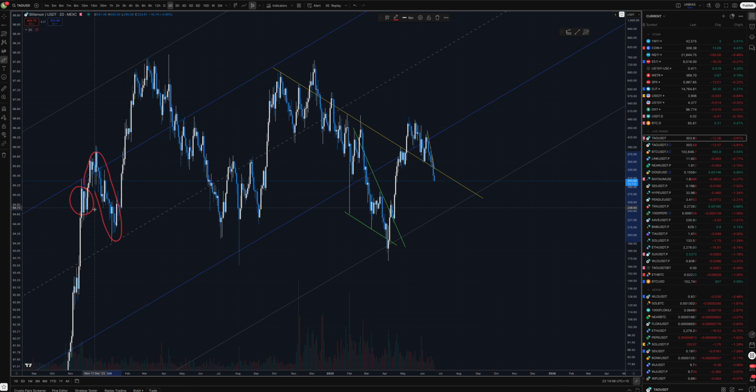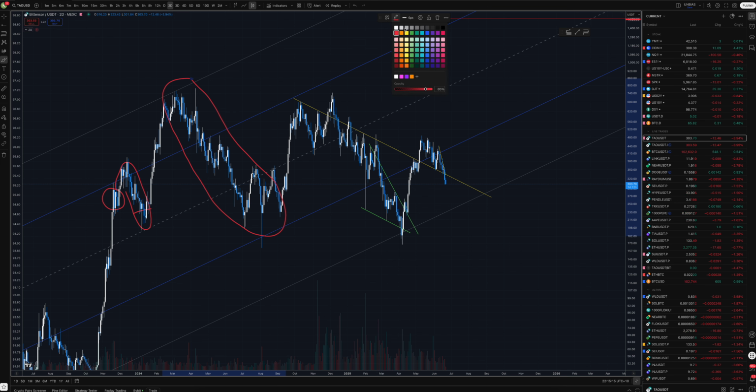And thus we have the cock and balls, and we have a large one over here, and I'll do it in yellow in a second. Pink is just too similar to red. Yellow, right?